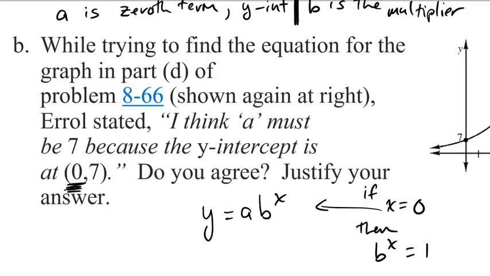Then all I have is 1 times a. So it very clearly becomes 7. When x is 0, y has to be 7. So we agree with that.